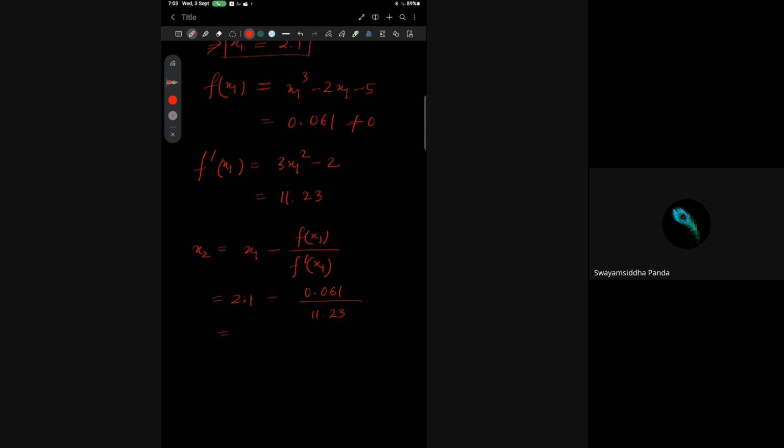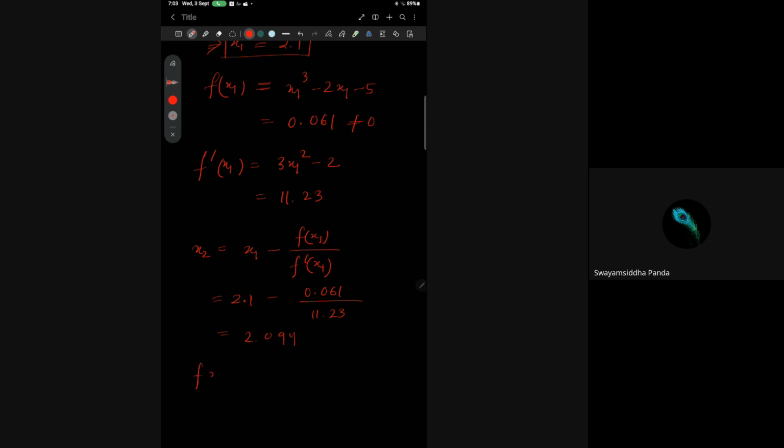What is the value of x2? Can you calculate? So 2.094. 2.094, good.